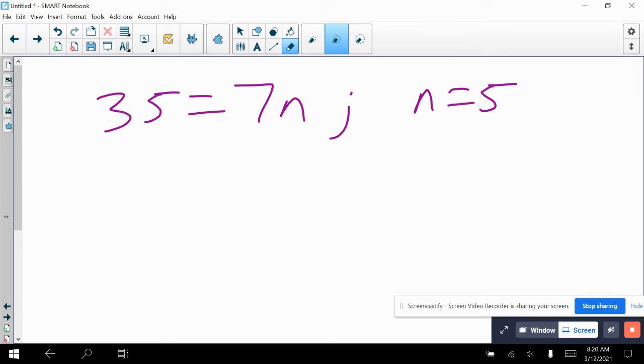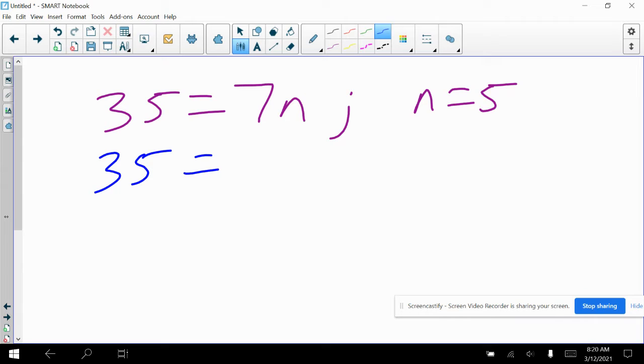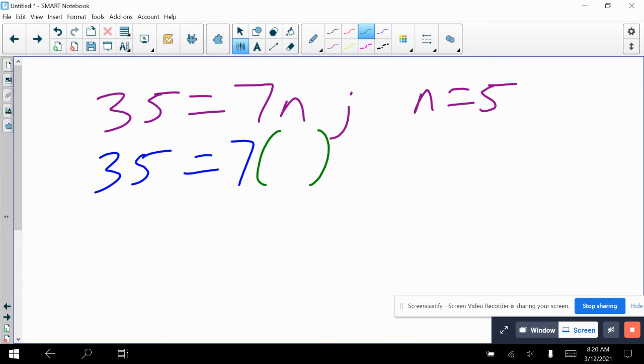If we plug it in, now what do we got to do here when we plug in the 5? Michael, do you remember? You got to use your parentheses here, right? Don't write 75. In the algebra world, we're trying to get away from using the x and the raised dot.